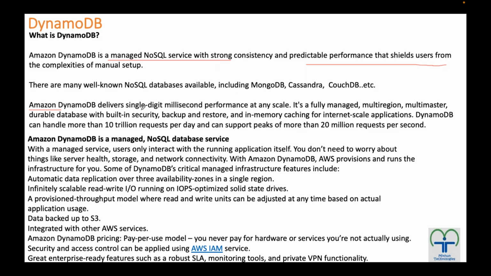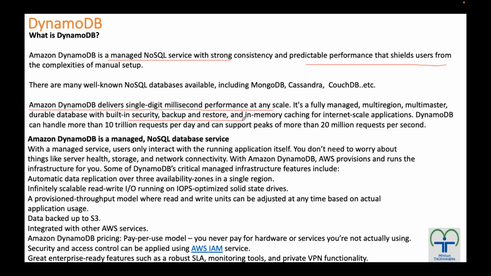Amazon DynamoDB gives very good performance. It delivers single-digit millisecond performance at any scale, whatever the database load. It's a fully managed, durable database with built-in security, backup and restore.